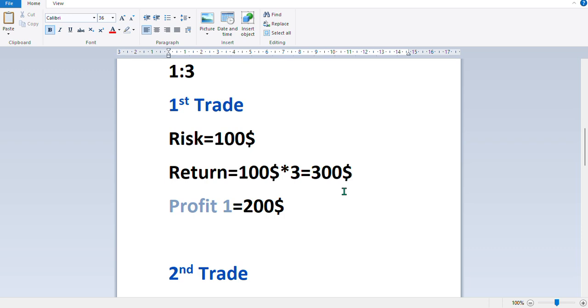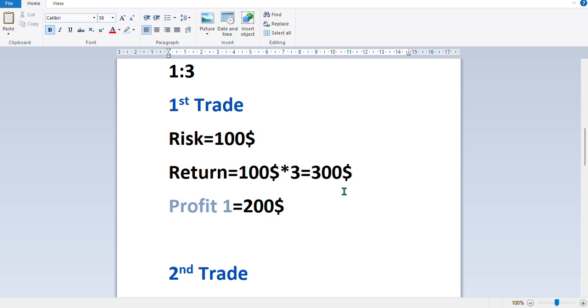So remember, you risk $100 and look for 3 times your risk, and 3 times your risk is $300.